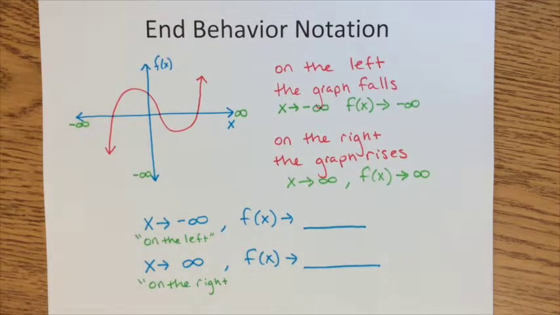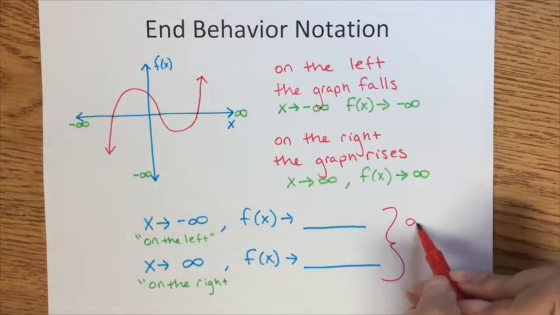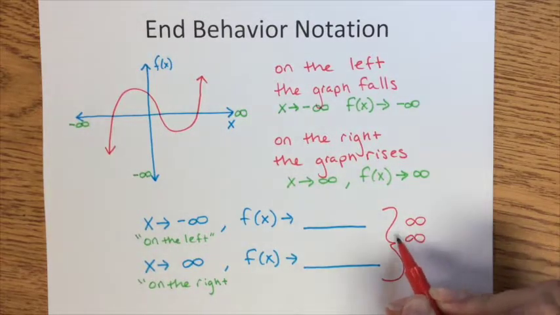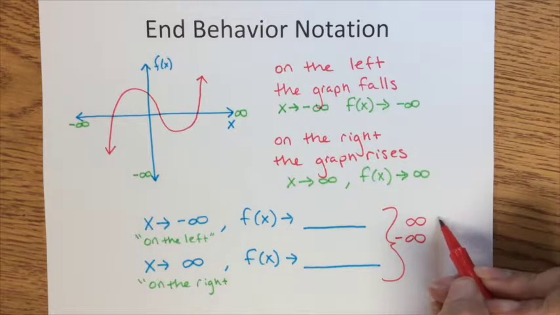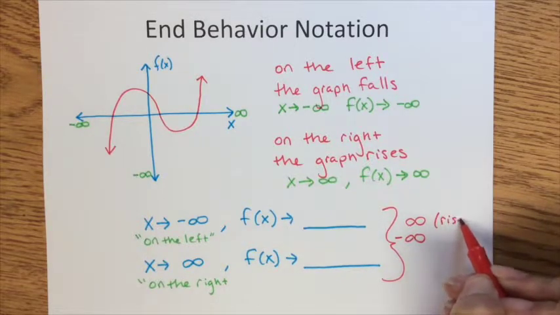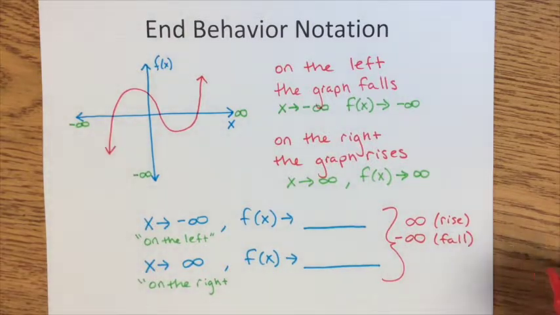And over here, you are either going to put in infinity or negative infinity, depending on if the graph rises. So this would give us a rise, and this would give us a fall in our graph. Hopefully that makes sense.